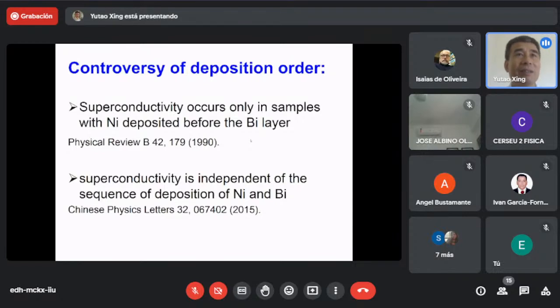Somebody reported that the superconductivity occurs only in samples with nickel deposited first and then the bismuth layer. And the others said no, it doesn't depend on the deposition order. And we also want to see what happened due to the different deposition order.